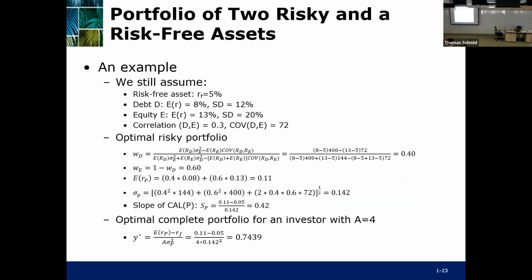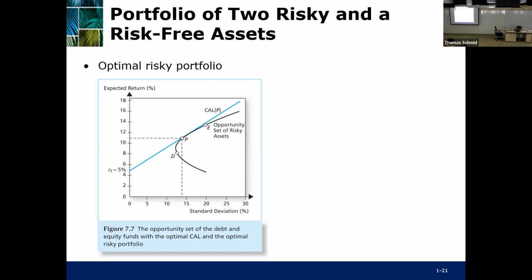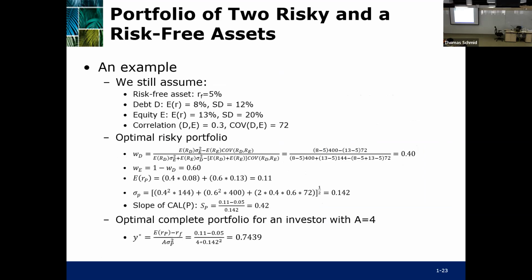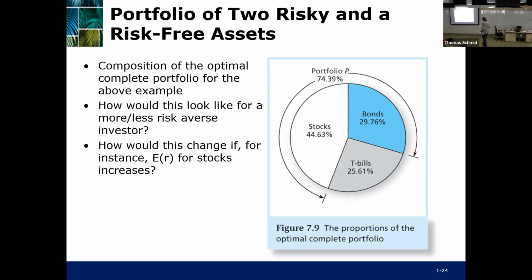Because you can easily see, if you calculate the weight of the debt fund, all these parameters play a role. So the optimal risky portfolio depends obviously on the covariance structure, on the expected returns, on the risk of the debt and the equity fund. So if these things change, then also the optimal risky portfolio changes.